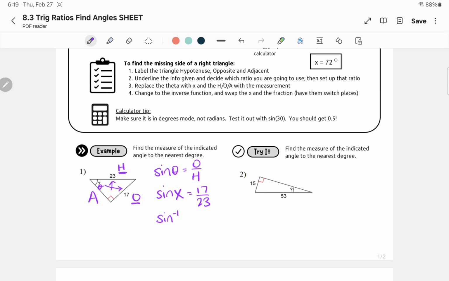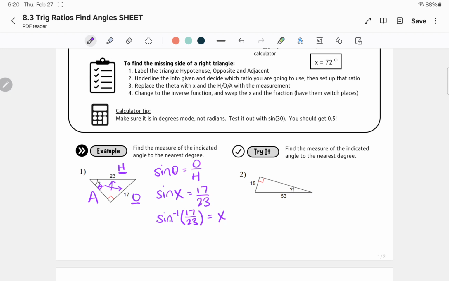And when it's inverse, that means we can switch the places. So that means X and our fraction here is going to switch places. So 17 over 23 goes where the X was, and now the X is on the other side where the fraction was. And this is what we're going to put into the calculator, because now our X is by itself.